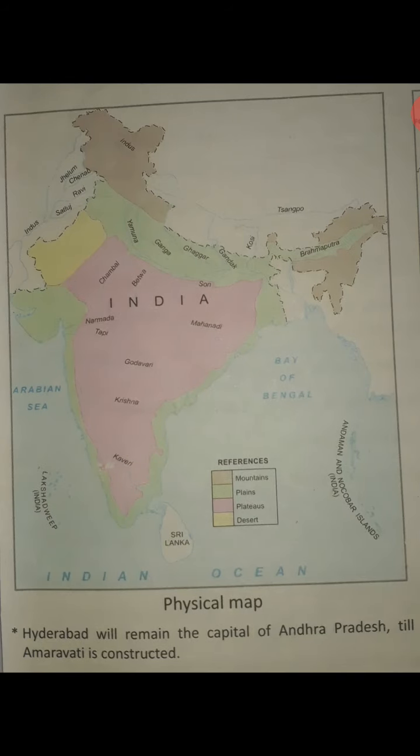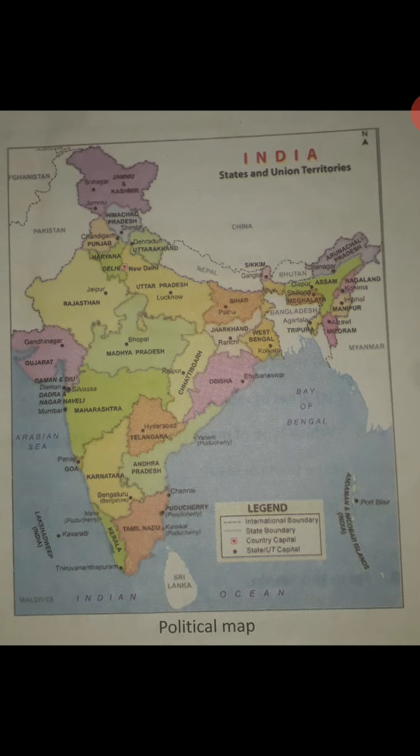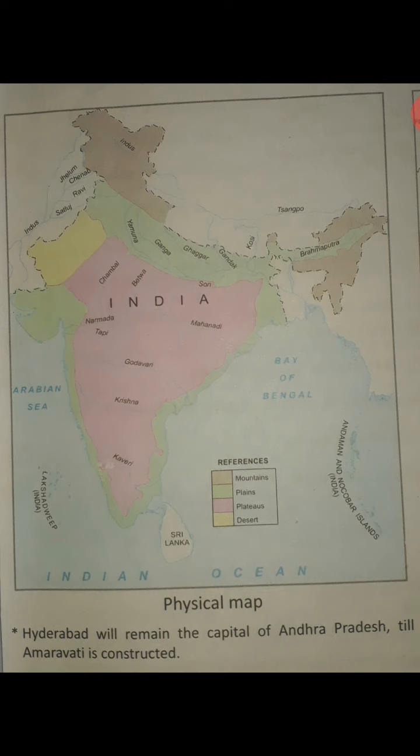In the physical map, you can't see the states like you can see in the political map. You can see which area the different rivers cover.